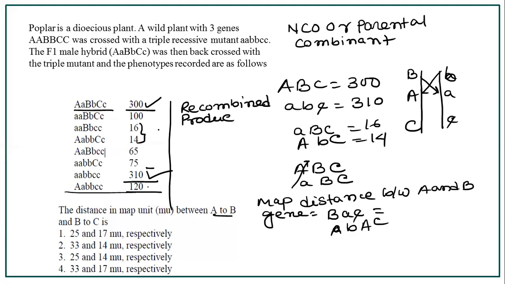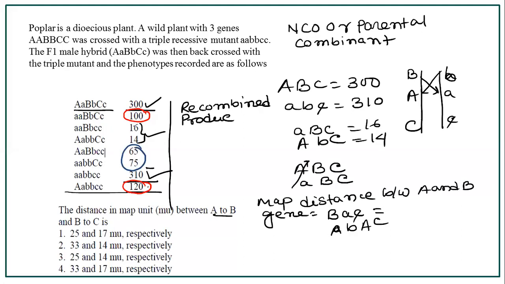This one is the DCO combination, right? Now the rest are recombinant ones, because the data is given in a different way. So this one recombinant, this one recombinant, another recombinant one is 65 and 75, right? So add those recombinant ones.